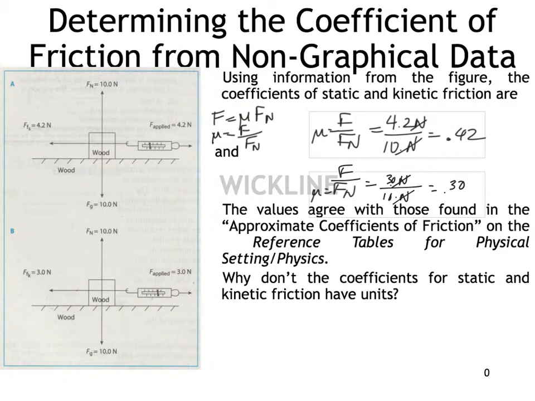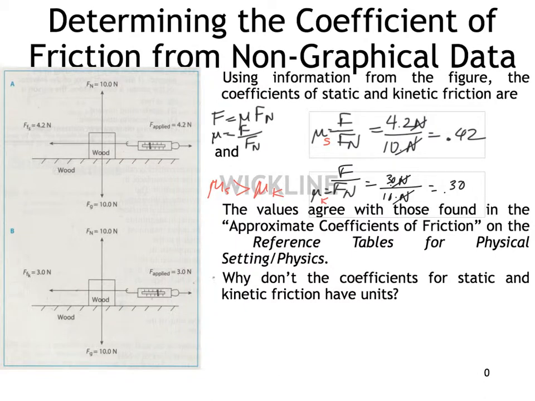Now, this should not be confusing that they're different, because the first one is a mu s, or static coefficient of friction, and the second one is mu k, or kinetic coefficient of friction. And mu s will always be larger than mu k.